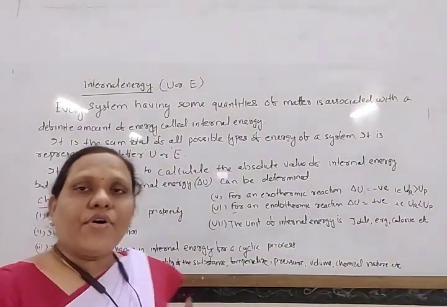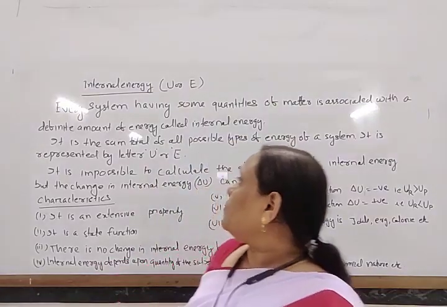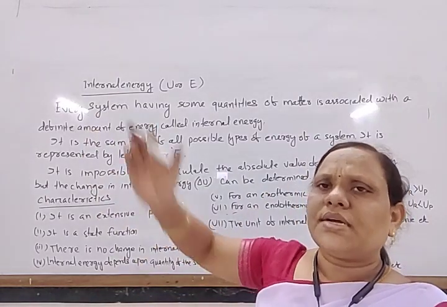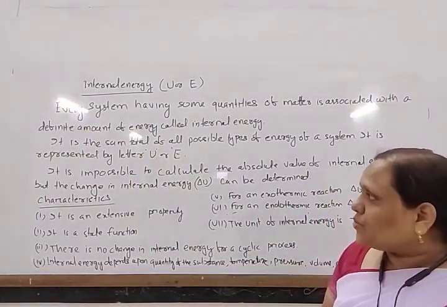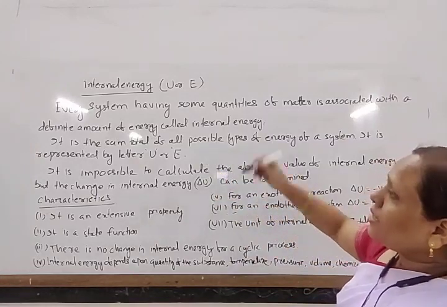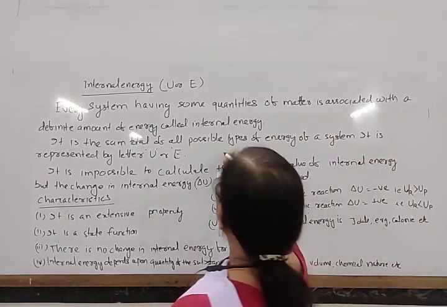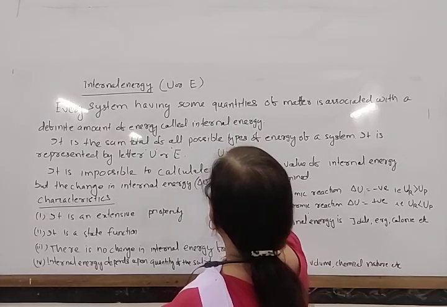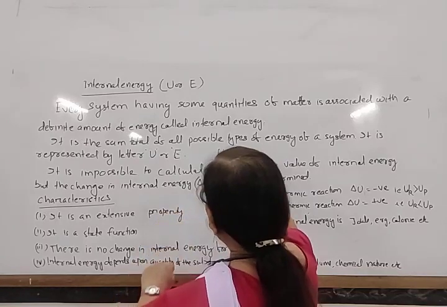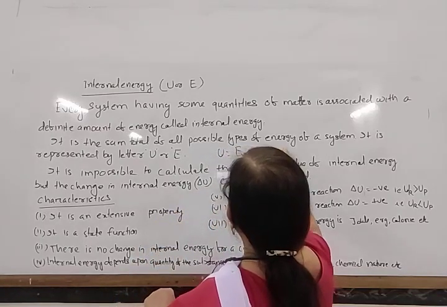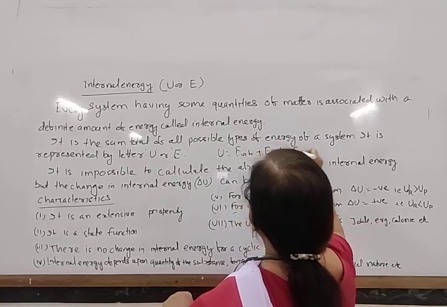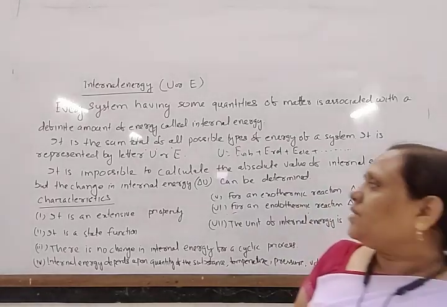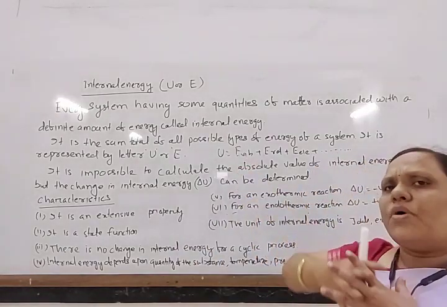It is the sum total of all types of energy, that is, U is equal to E vibrational plus E rotational plus E electronic plus other forms of energy.